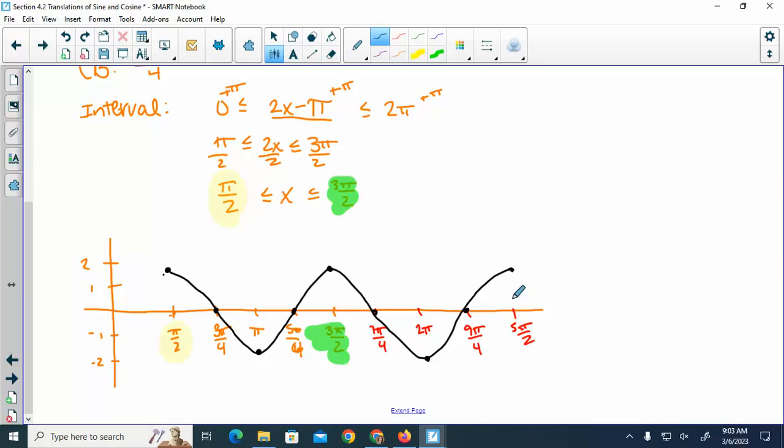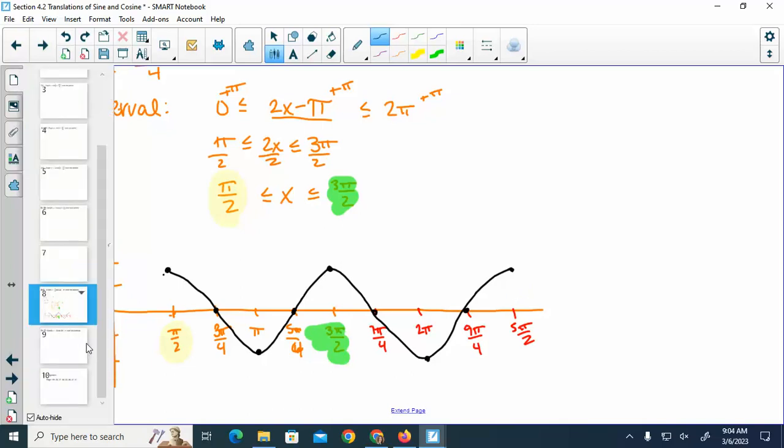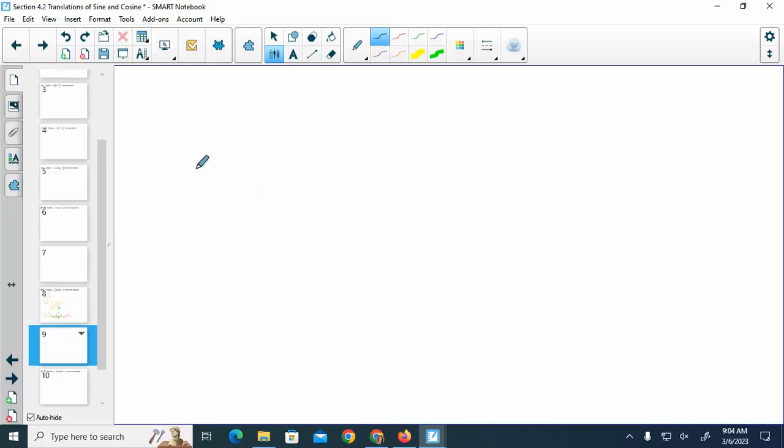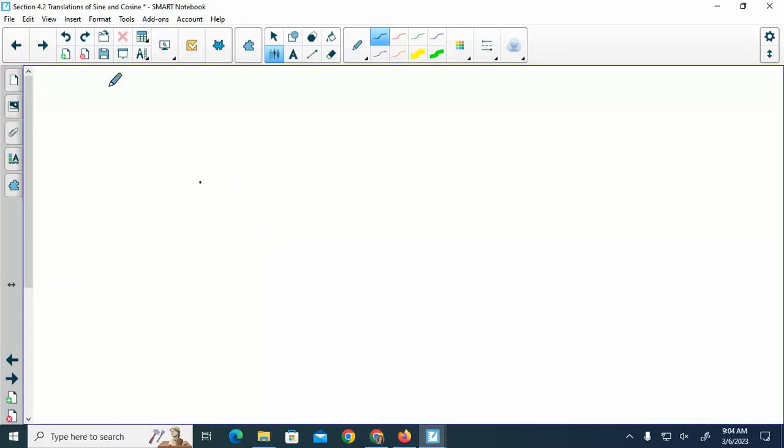So let's do, so we can also take our graphs and move them up and down.